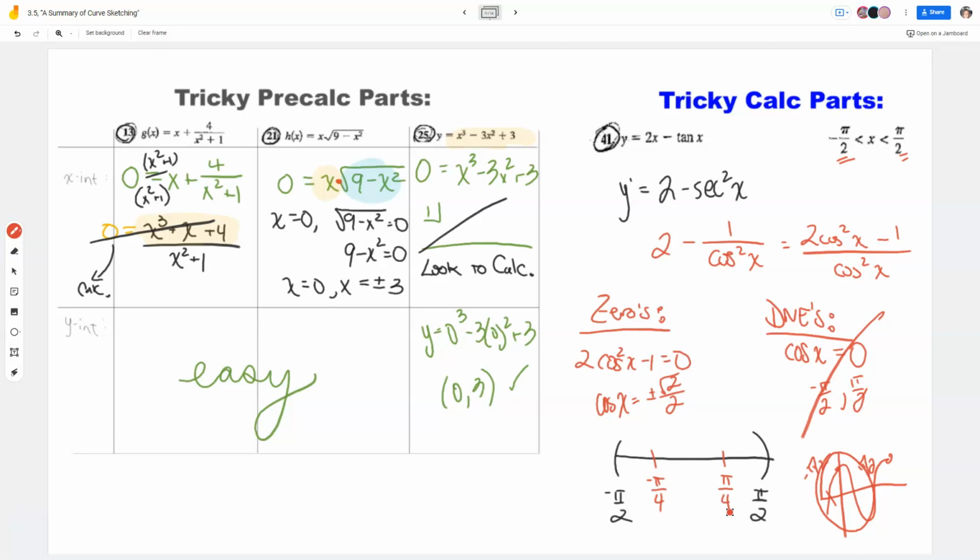And then if I go to make my sign chart, it's going to be a little bit messy, as in you might need to be thinking of things like, what is cosine in this part of the fourth quadrant? What is cosine in this part of the first quadrant? What is cosine in the part of this quadrant? As you're trying to plug into your derivative that's right up here.